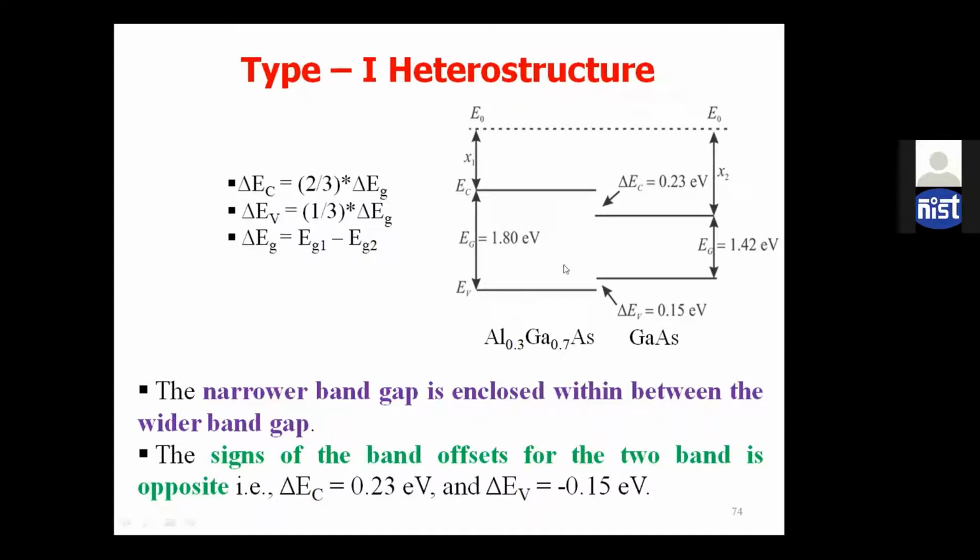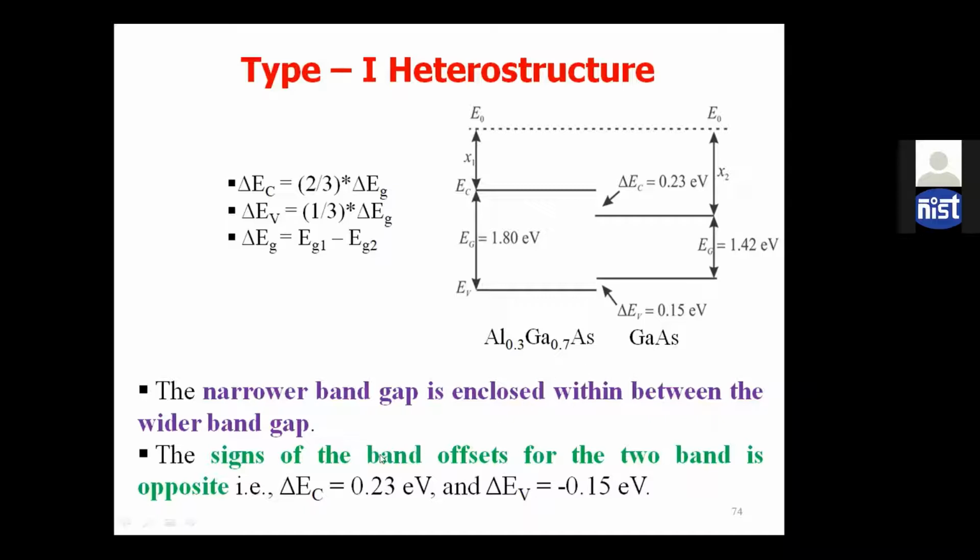So here, if you see, the signs of the band offset for the two bands are opposite. That means this delta EC, that is ECB minus ECA, is a positive quantity, whereas this delta EV is a negative quantity, because ECB is at a lower level and ECA is at a higher level. So you will get a negative sign.